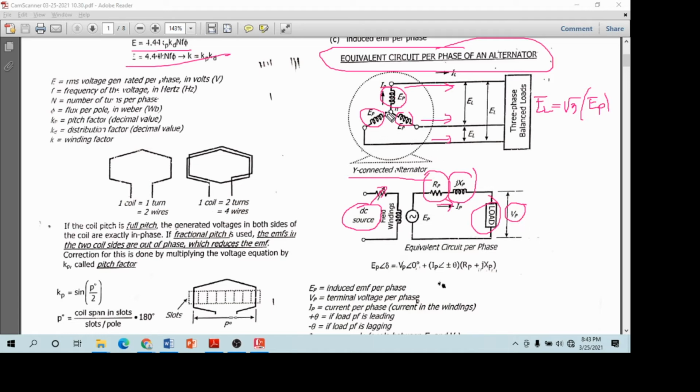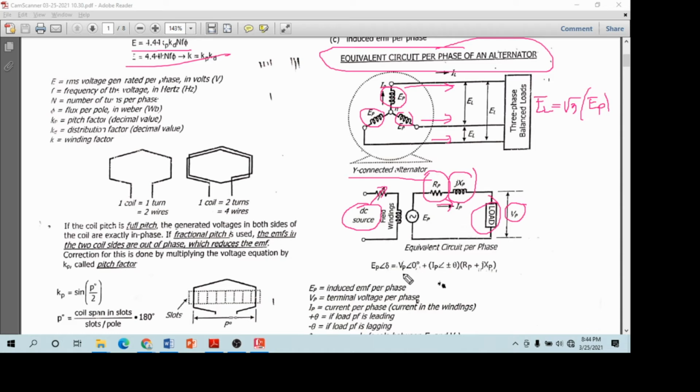RP here is the resistance of the coil. As it has many turns, the resistance also goes higher, and since it is a coil, it is an inductor. So jXP is your inductive reactance due to the winding.